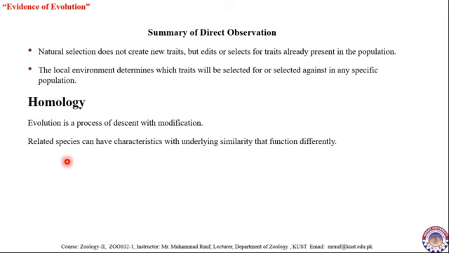There will be anatomical similarities or phenotypic similarities in individuals because of two reasons. That is, either they will have a common ancestor or because of living in the same environment, that is convergent evolution. So similarities resulting from common ancestry is known as homology.